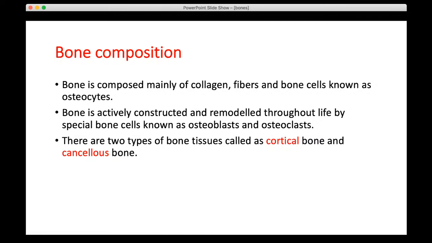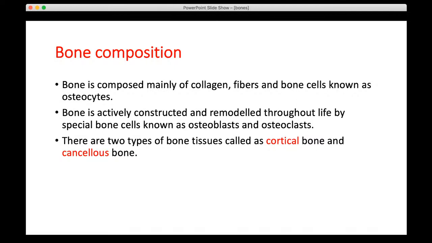Bone is constructed and remodeled throughout your life by special bone cells known as osteoblasts and osteoclasts. The two main bone tissues, which divide bones into two types, are cortical bone and cancellous bone.